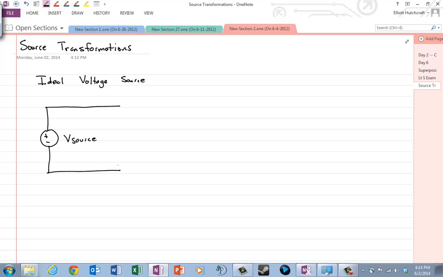We know that if we put a voltage source and deliver a voltage to a load resistance like this, let's draw what V out looks like versus RL. It's a little bit of a strange diagram. RL is going to the right, so it's our x-axis, and V out is our y-axis.